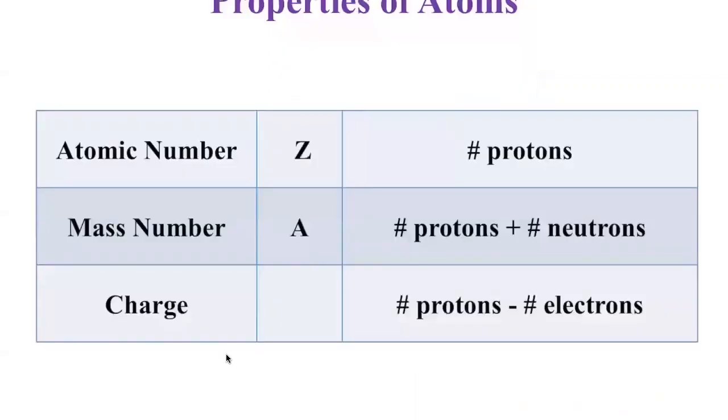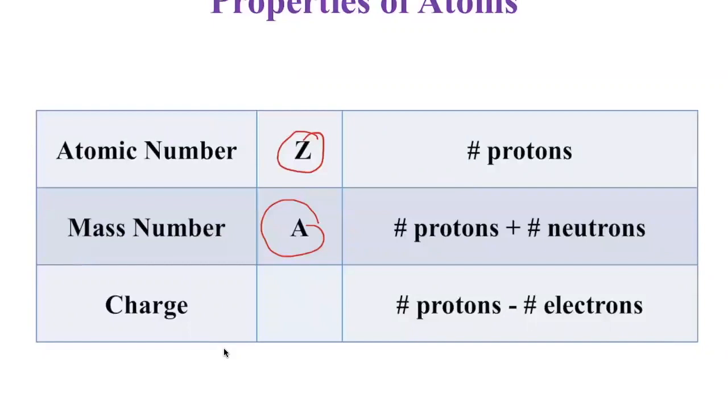This is a summary just to give you an idea. We're going to represent the number of protons with the letter Z, and the mass number with the letter A. If you remember, the mass is going to be protons plus neutrons. The charge is going to be protons minus electrons, and that's very important. Protons minus electrons.